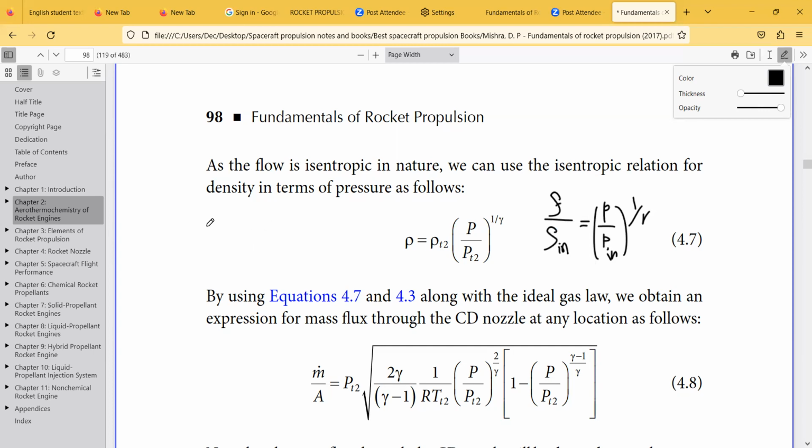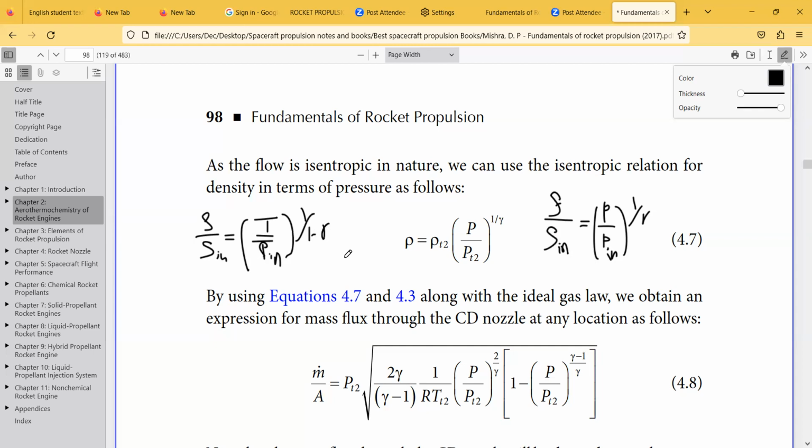Again, we have the pressure temperature density relation. The density at any point divided by density at inlet is equal to temperature at any position divided by temperature at inlet, to the power of 1 over gamma minus 1.